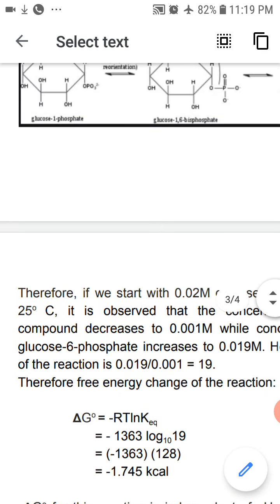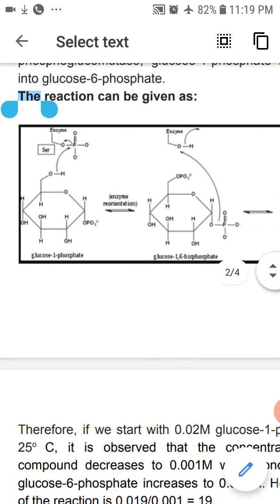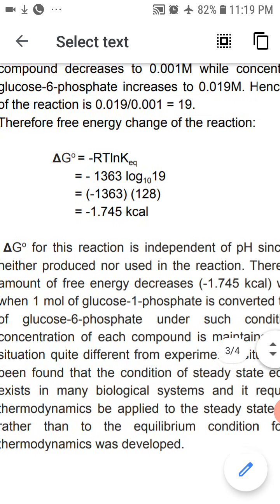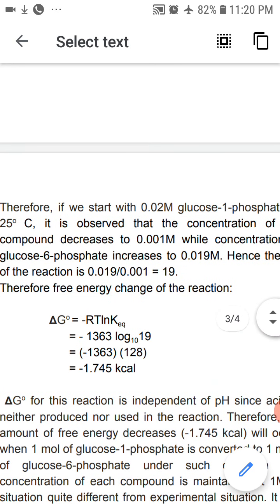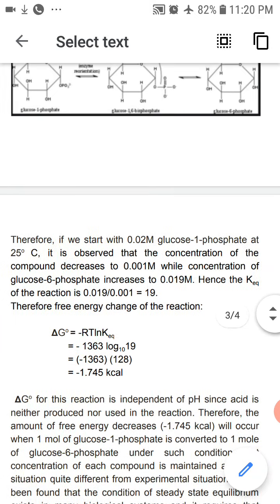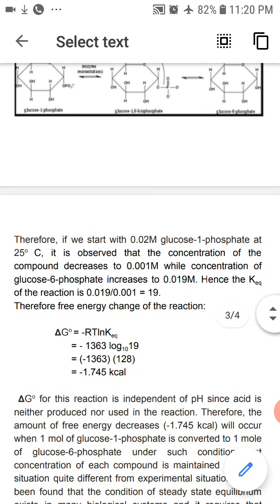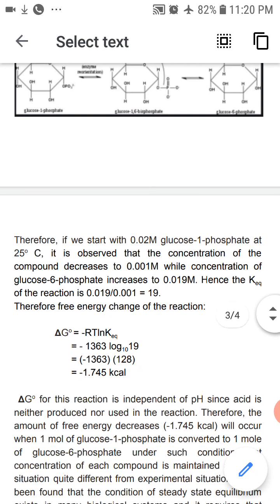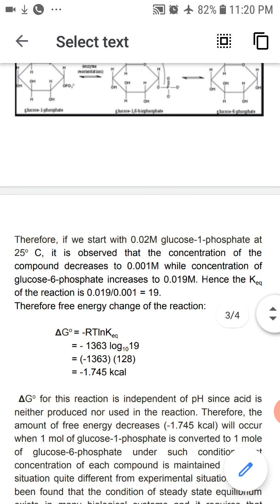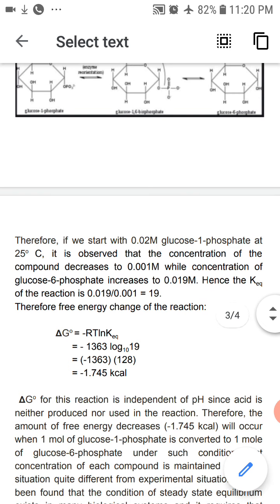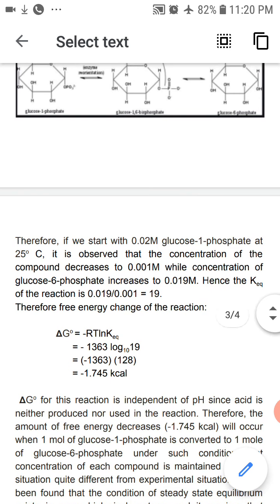Therefore if we start with 0.02 M concentration of glucose 1-phosphate at 25 degrees C, it has been observed that concentration of this compound decreases to 0.001 M while concentration of glucose 6-phosphate increases to 0.019 molar.